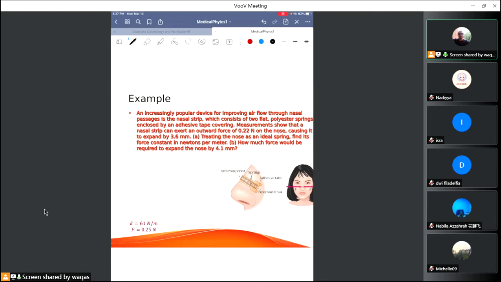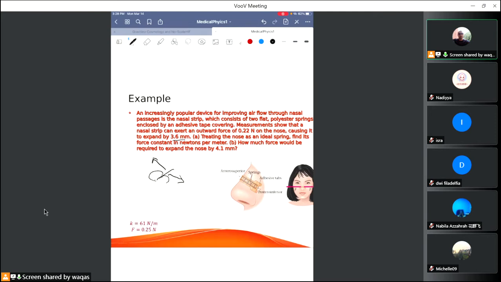He said that basically this is your nose, and maybe you can think about this strip. They push the force here and apply the force in this direction, and they can expand your nose a little bit, about 3.6 millimeter.